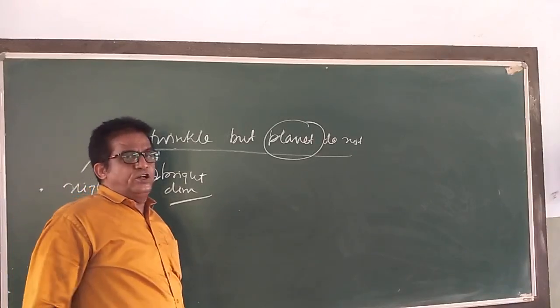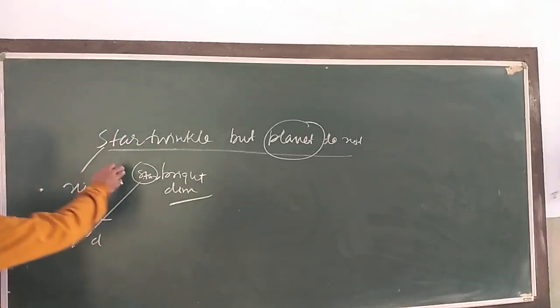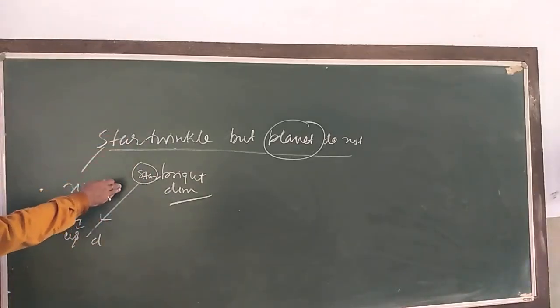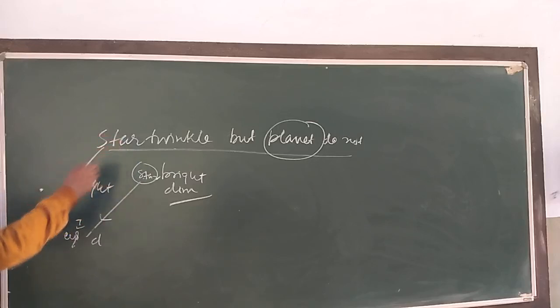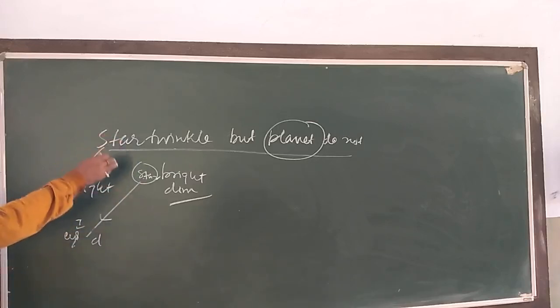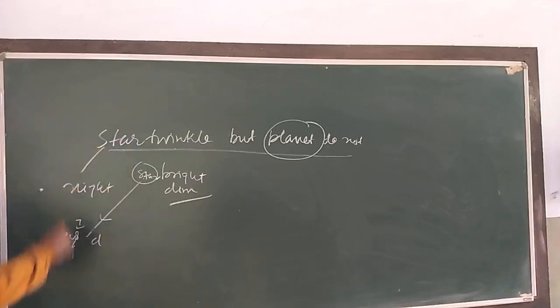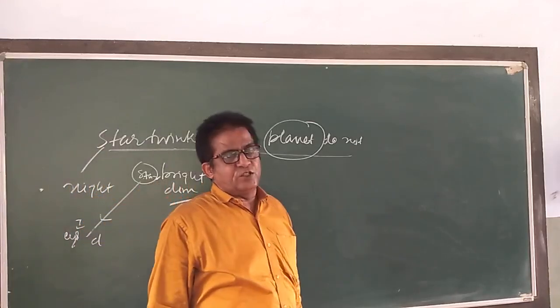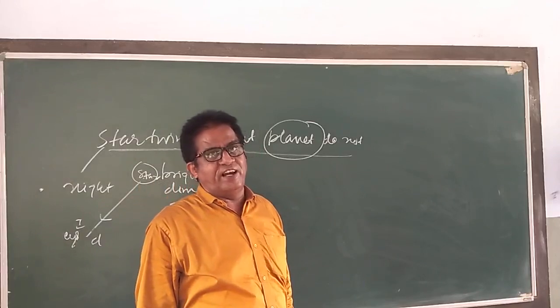Due to atmospheric refraction, when some of the point sources look brighter, others appear dimmer. So on the whole, the overall brightness of the planet remains the same due to its bigger size, so it cannot twinkle.